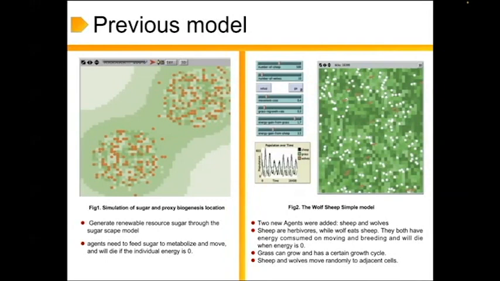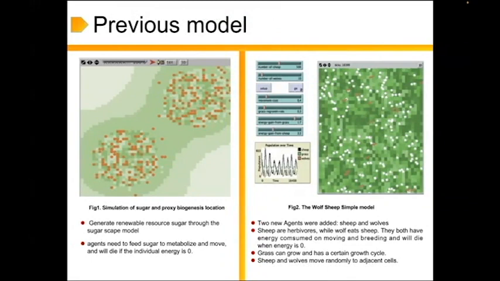As for the second model, we have four points to discuss. The first one is that two new agents were added in this model: sheep and wolves. The second is that the sheep are herbivores. They eat the grass, while the wolves eat sheep.